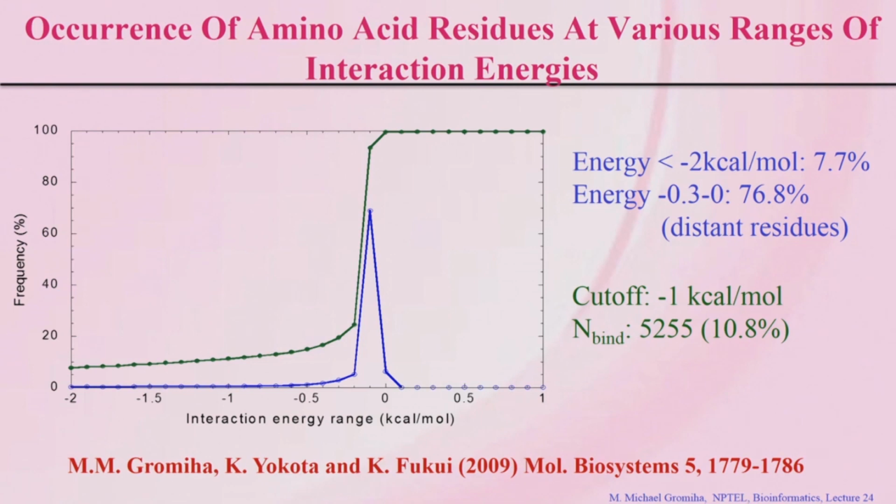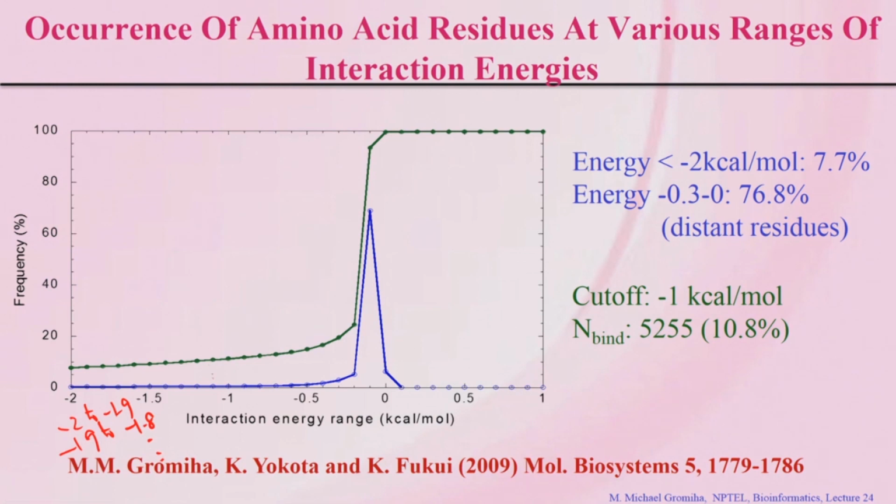So, we have the energy values, we divide them in different bins, for example, minus 2 to minus 1.9, minus 1.9 to minus 1.8. In each bin you can see the frequency of occurrence of the residues with a particular energy. We can go up to plus 1.